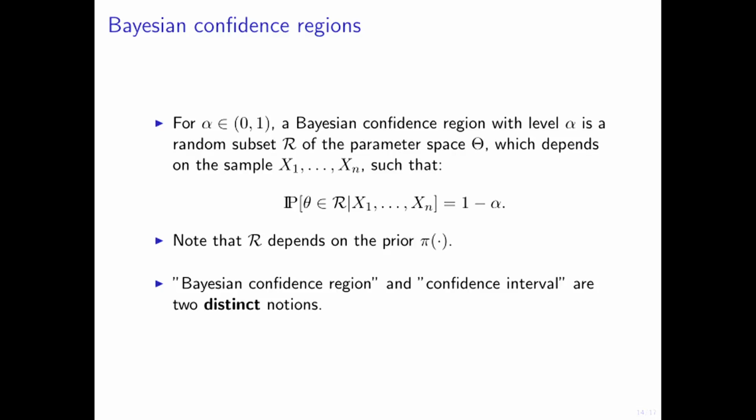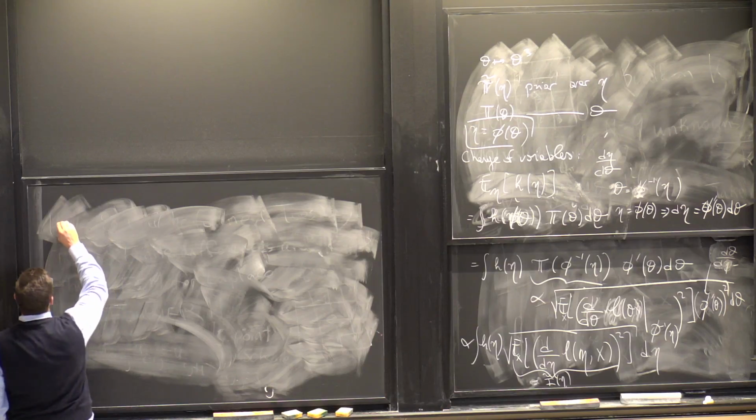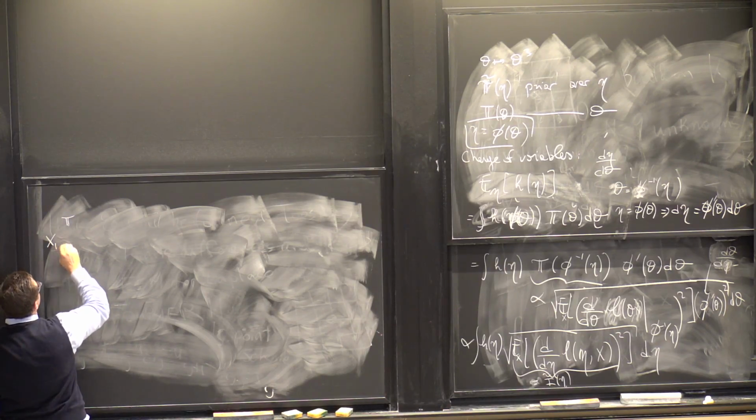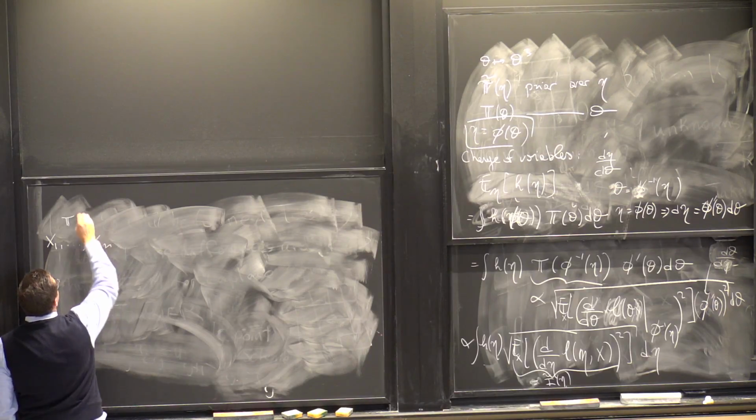One thing that you want to do once you have, so remember, when you actually compute your posterior, right, you start with a prior, and you have some observations, let's say x1 to xn.